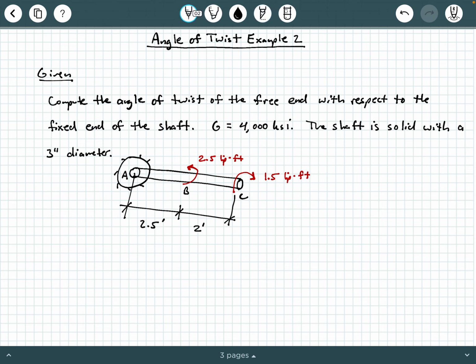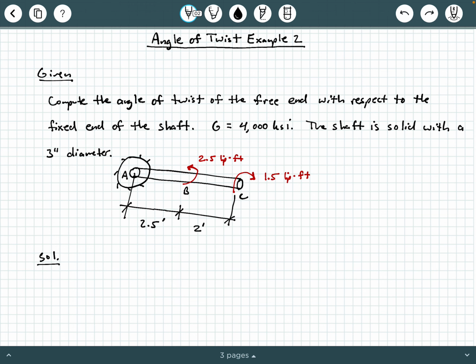What we're looking at is a fixed end A. We have an applied torque of 2.5 kip-feet at point B and another applied torque going in the other direction of 1.5 kip-feet at point C. The distance from A to B is 2.5 feet and the distance from B to C is 2 feet. So let's go ahead and start working on solving this problem.